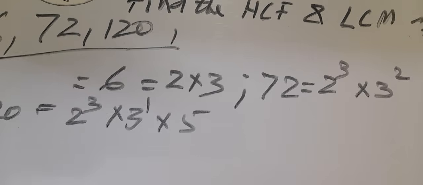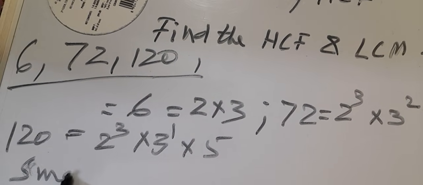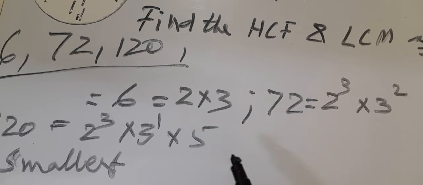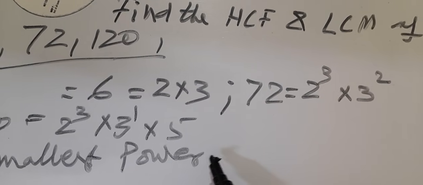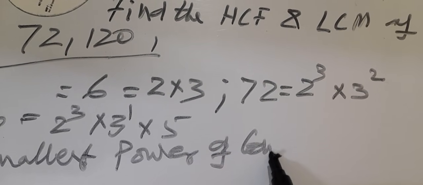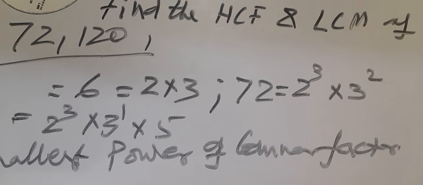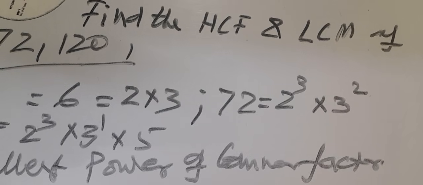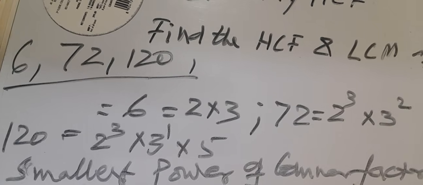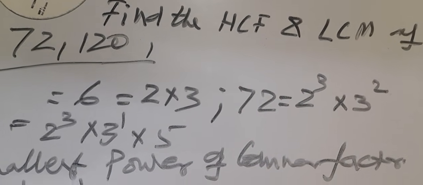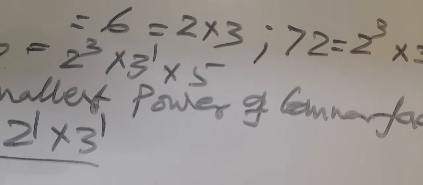power of the common factor. What is that? The smallest power of the common factors 2 and 3 respectively. 2 to the power 1 into 3 to the power 1 is the smallest power of common factors.